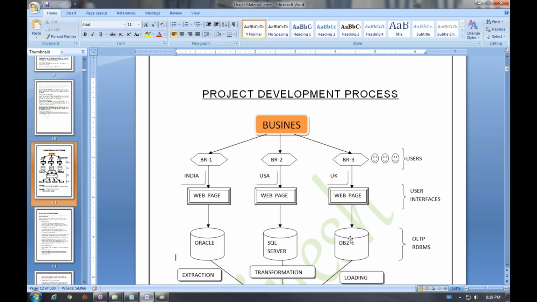Seconds. 100 records, a little more time. 1000 records, meaning 1000 lines of data, to search for some information will take more time.